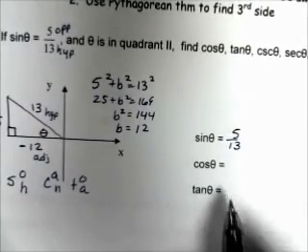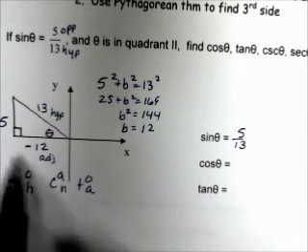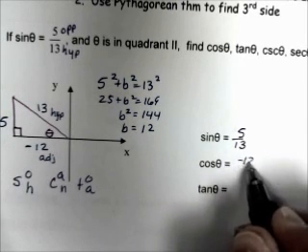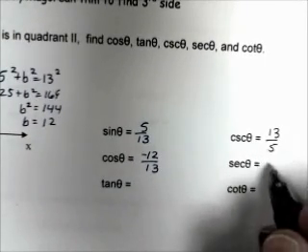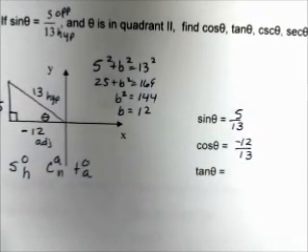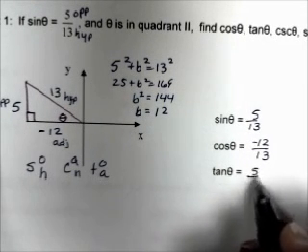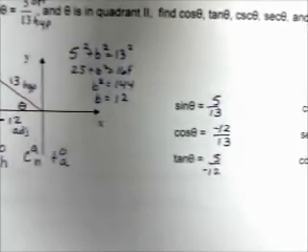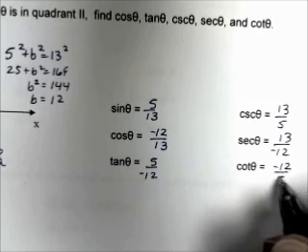Cosine of theta, cosine is adjacent over hypotenuse, negative 12 over 13. Secant is the reciprocal, 13 over negative 12. Tangent of theta, tangent's TOA, opposite over adjacent, 5 over negative 12. And cotangent, the reciprocal, negative 12 over 5.